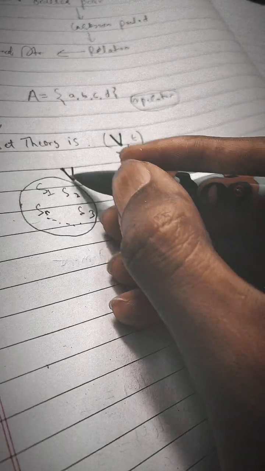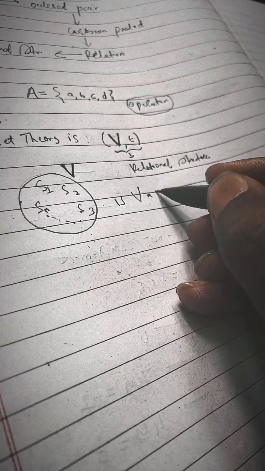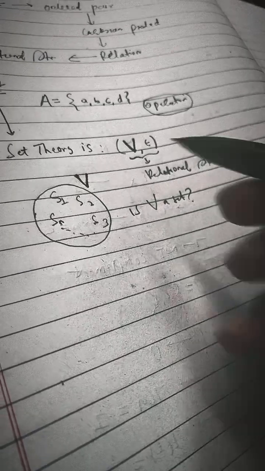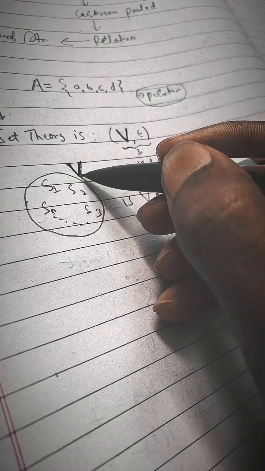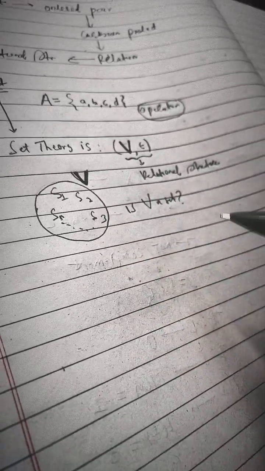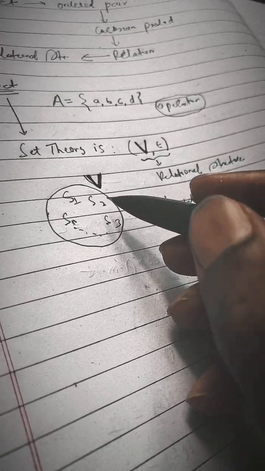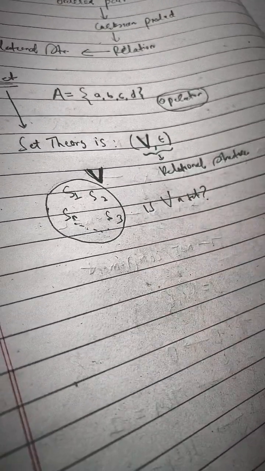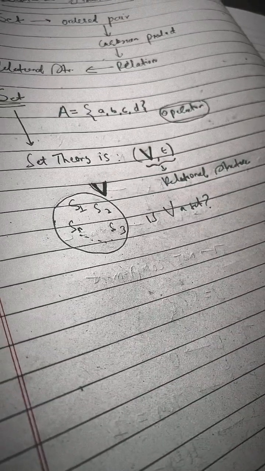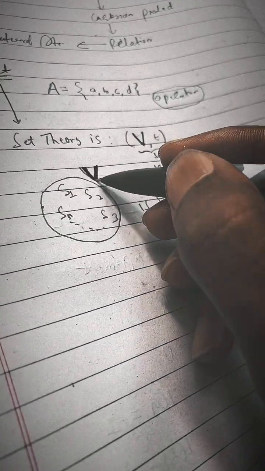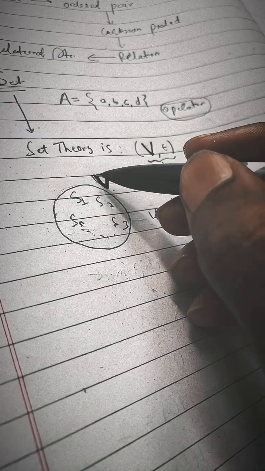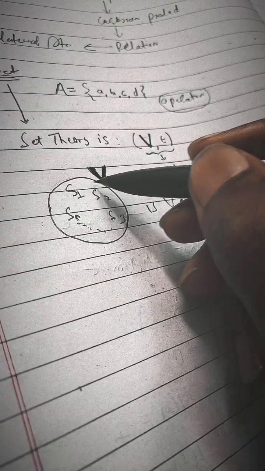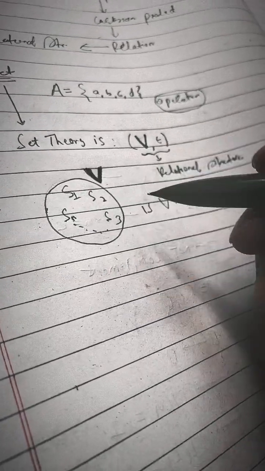Now, is V a set? Because V contains all the sets that we can think of, every set that we can come up with. But is that a set? Well, set theory does not allow that. Set theory does not allow such a set that contains all sets that could exist.